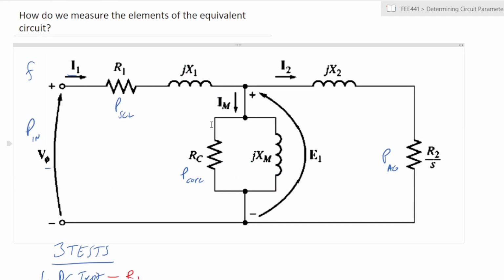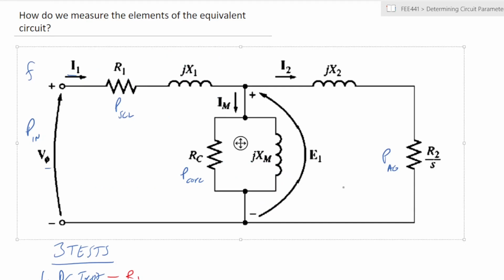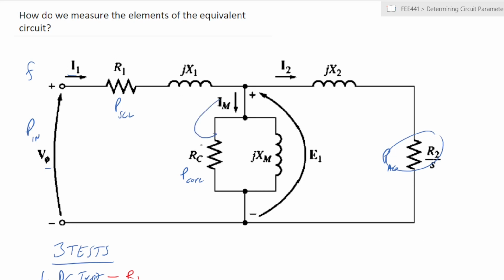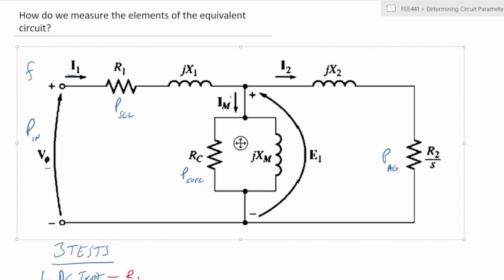Now, in addition to this, it will be important to note that in our circuit, we had three resistive elements. You had this one, this one, and this one. We have already, in the previous test, determined what R1 is.